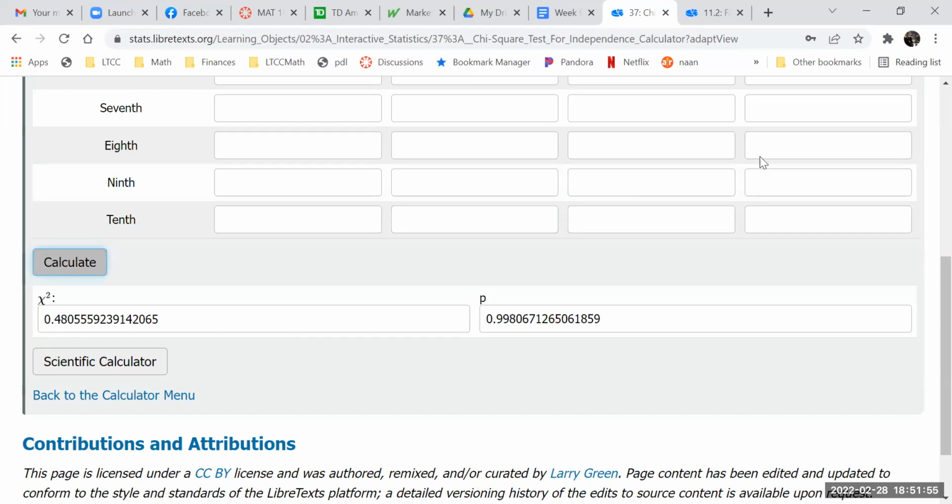Okay, so the p-value is even smaller. I mean, even bigger. So our chi-squared is 0.48, and our p-value is 0.998. So let's write that down.